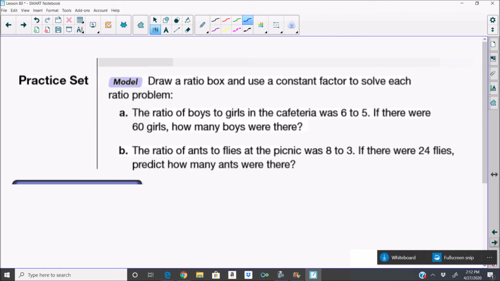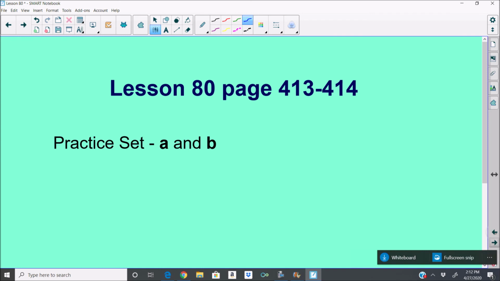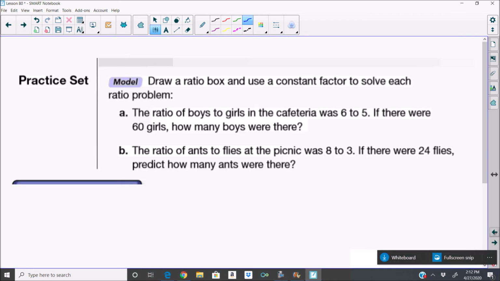Okay, this is your assignment right here. Let's take a look at A just to get you set up, because it says to draw a ratio box. The ratio of boys to girls. So it says draw a ratio box.